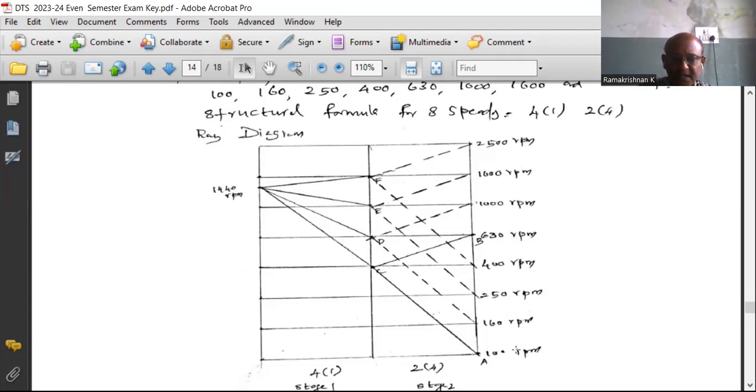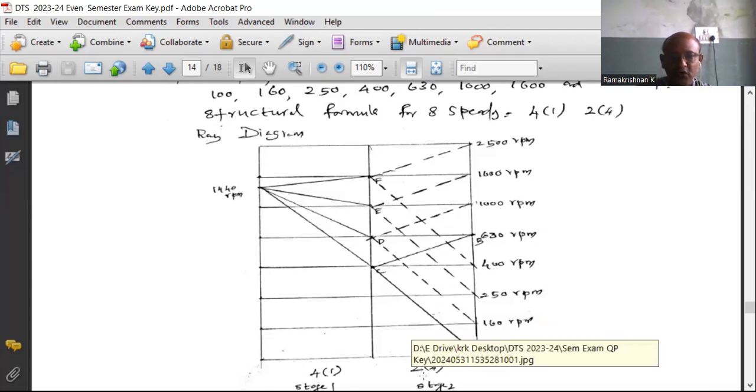Now the second stage in the formula is 2 within the bracket 4. That is 2 output speeds and 4 input speed. For the speed diagram, the 4 also denotes a 4 space interval, that is each cell has 1 space. So we have to select the 2 output speeds.